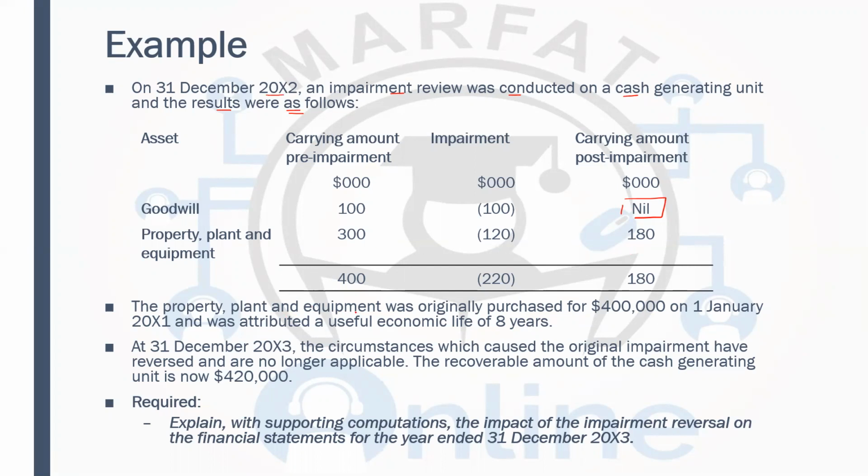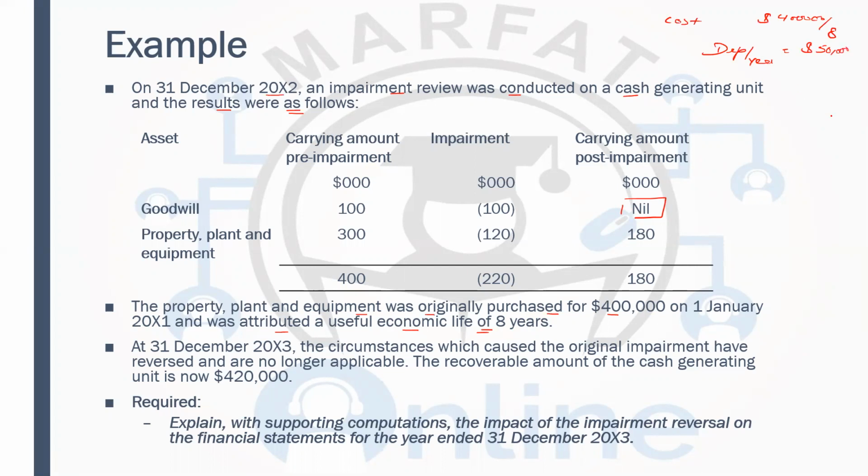The property, plant, and equipment was originally purchased for 400,000 on 1st January 20x1 and was attributed a useful economic life of 8 years. Now we know the cost is 400,000, divided by 8 years, and the depreciation per year is going to be 50,000.